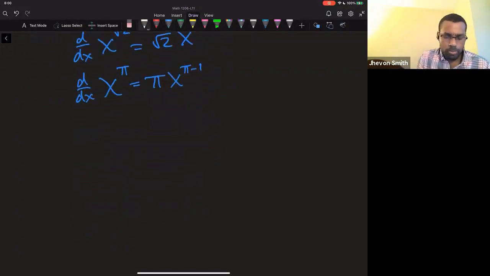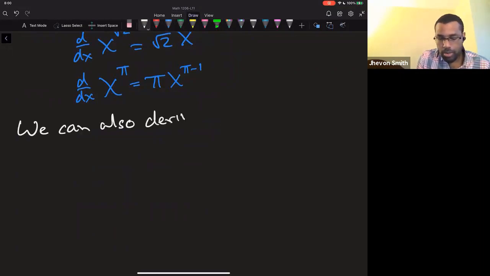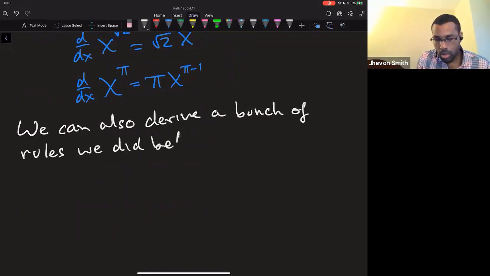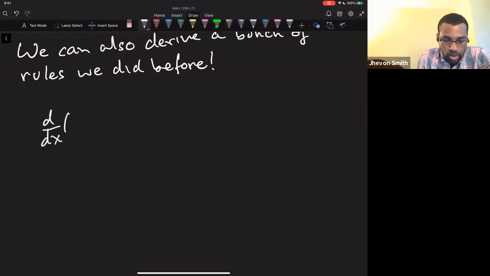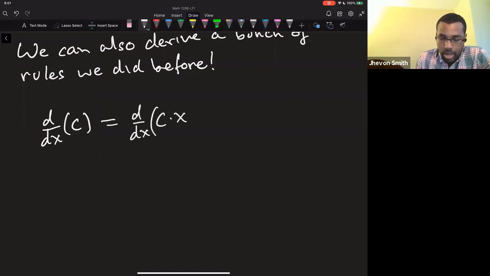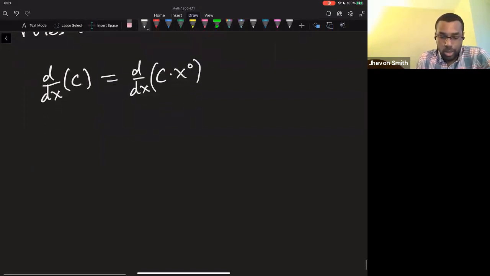Now, we can also derive a bunch of rules we did before. So if I want to, for example, find the derivative of a constant, notice that that is a constant times x to the 0, because x to the 0 is 1.